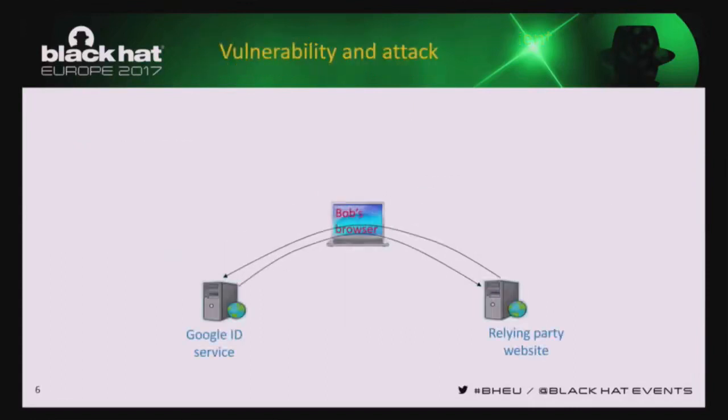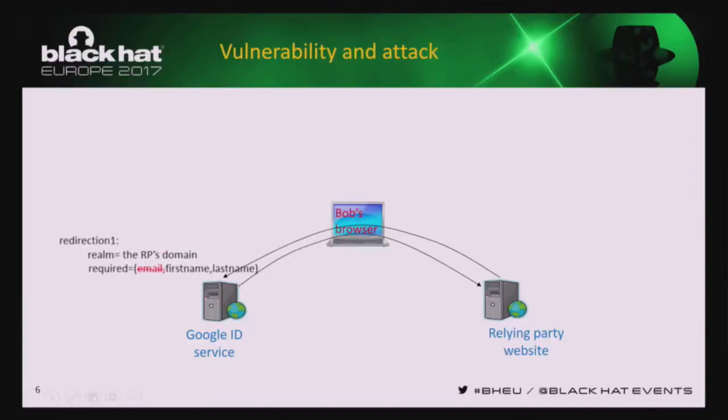However, when we consider the real scenario, it is a little bit complicated, because now let's assume Bob is an attacker. Now what Bob can do is to remove email from redirection 1. So in this situation, from Google's standpoint, it looks as if the relying party was only interested in first name and last name.